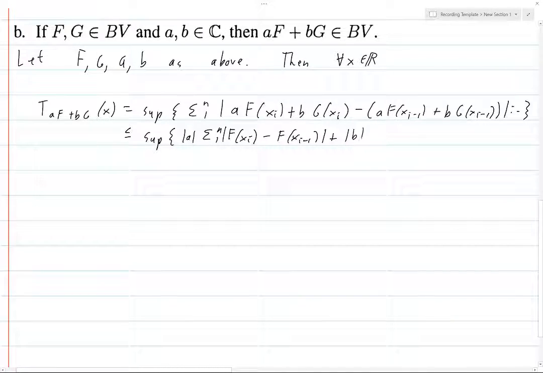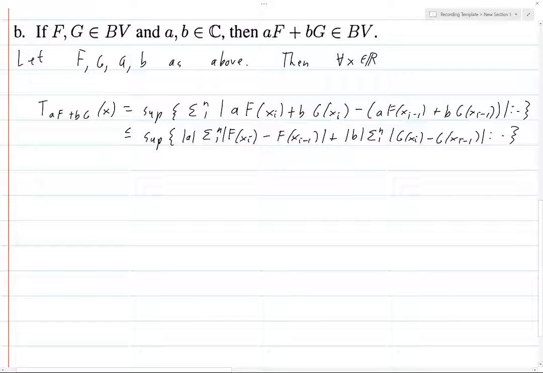And likewise, we're going to get plus b, sum from 1 to n of g(xi) minus g(xi minus 1). And then this is just going to be the dot thing again, so over all such partitions.